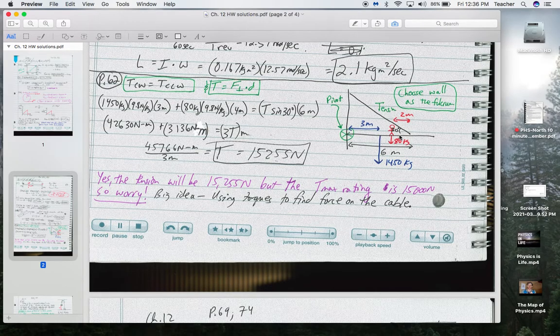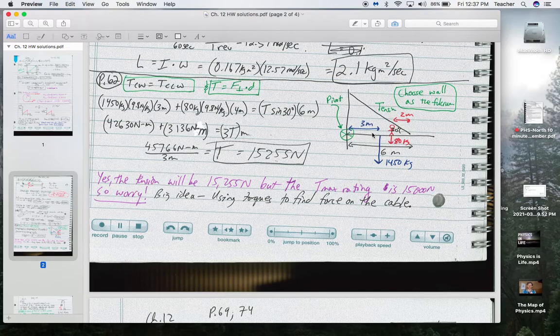Because this plank is attached to the wall, and we don't know whether the wall is pushing or pulling on the plank or acting up or down on the plank, we have a lot of unknowns. So by placing the pivot point or fulcrum at that location, those unknown forces act at 0 distance, which means they will not affect the torque.